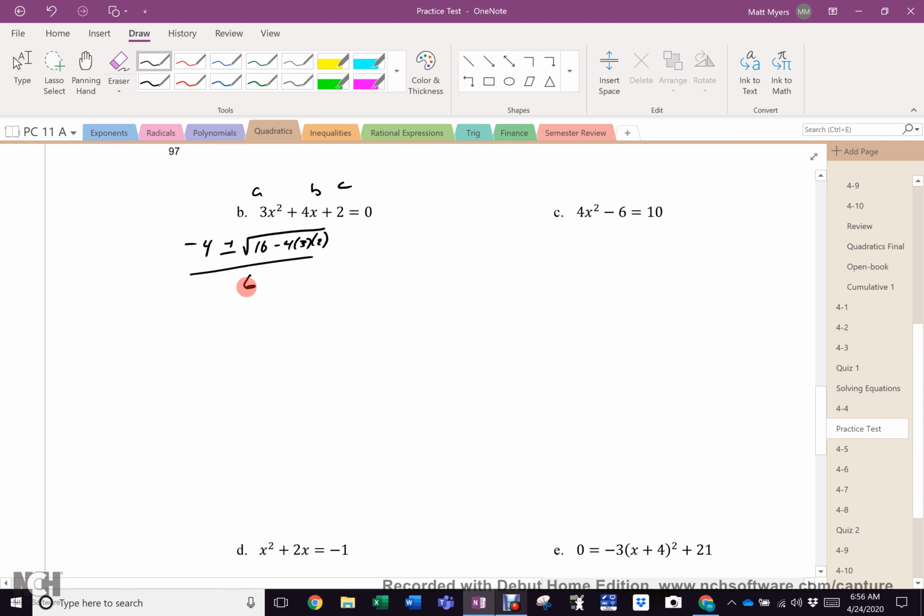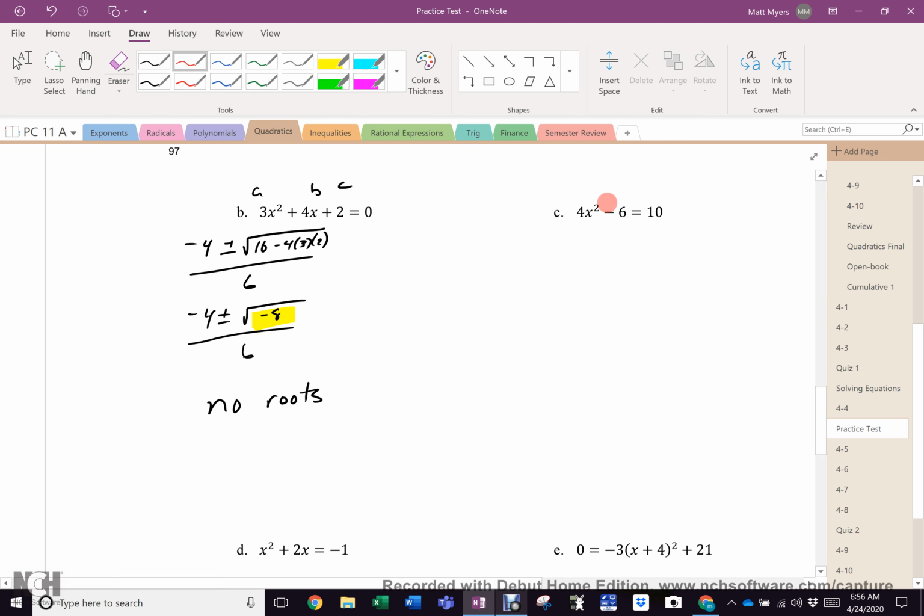Negative 4 plus or minus the root of 16 minus 24 is negative 8 over 6. Negative under the square root sign, so that has no roots.